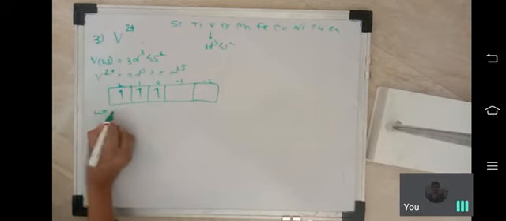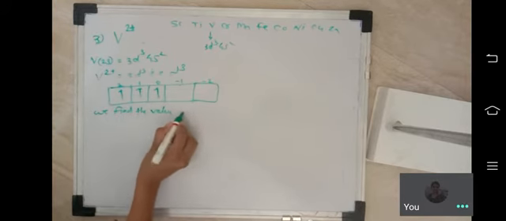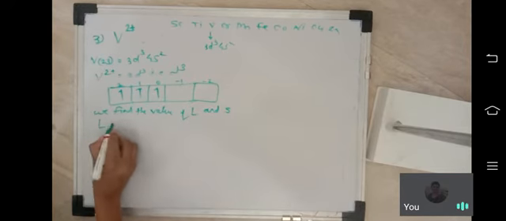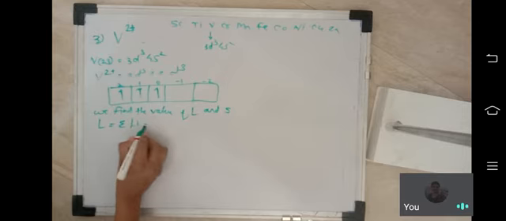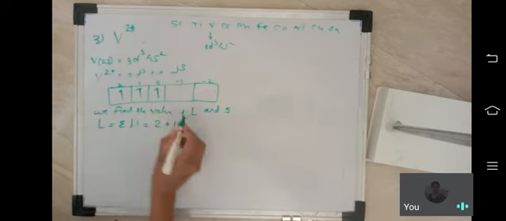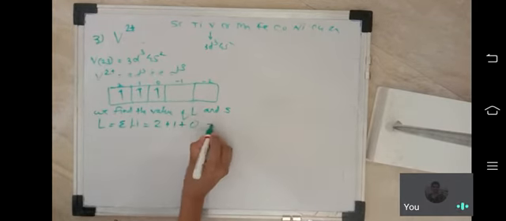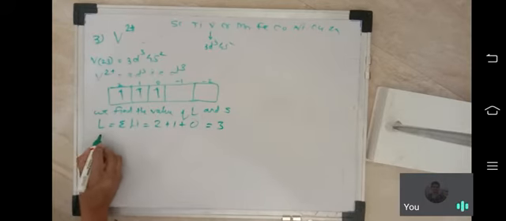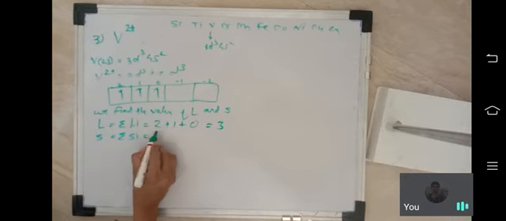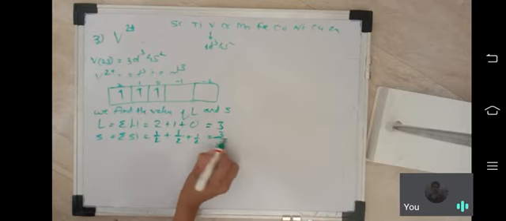First we find the values of L and S. L is equal to the summation of li: 2 plus 1 plus 0. Electrons are not present in the rest, so you don't take them. So the value is 3. Then S is the summation of si. Here 3 electrons are unpaired, plus half plus half plus half, so the value is 3 by 2.